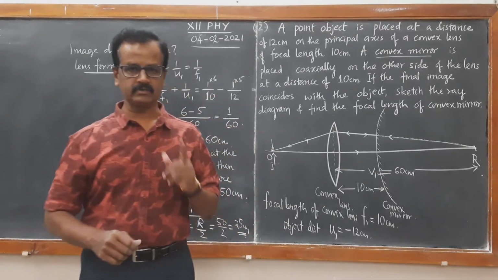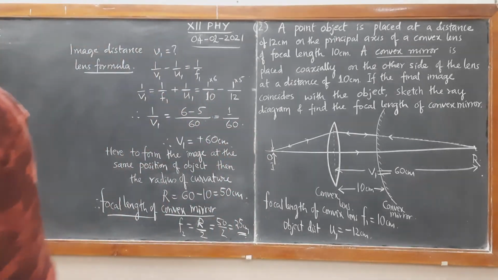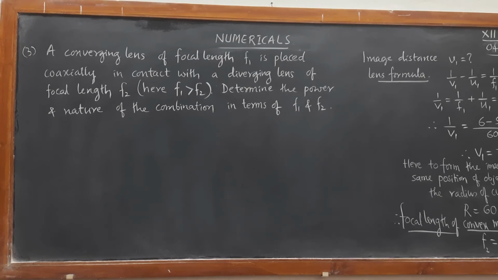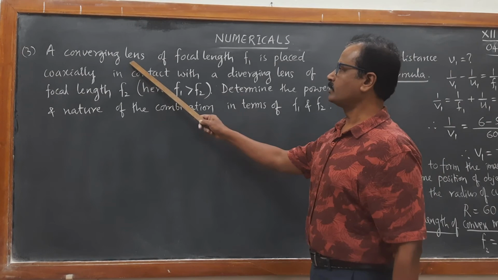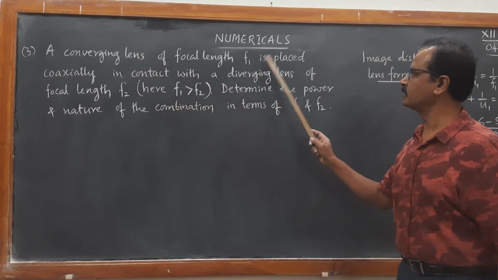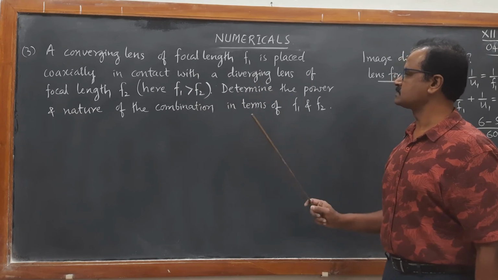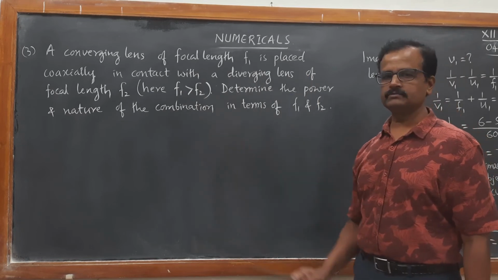Now let us solve one more simple problem. Quickly look at this third problem. A converging lens of focal length f1 is placed coaxially in contact with a diverging lens of focal length f2.